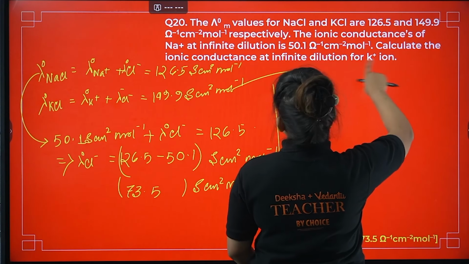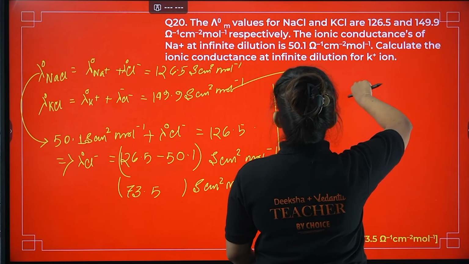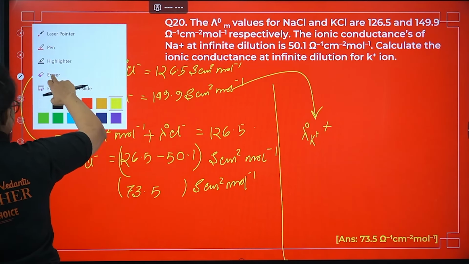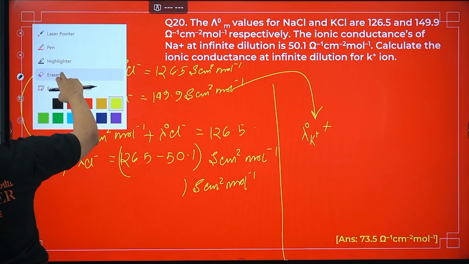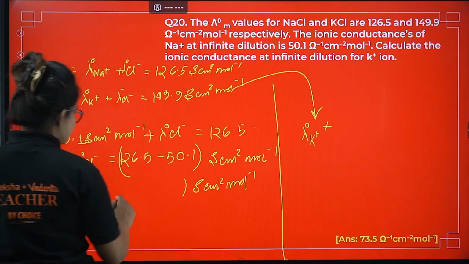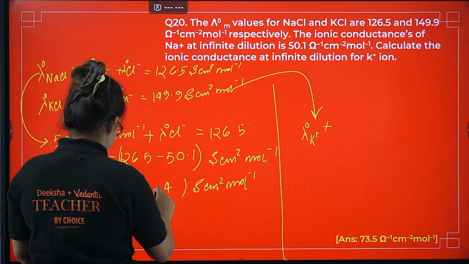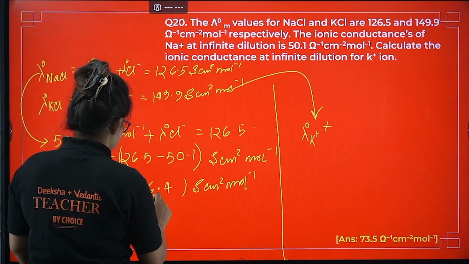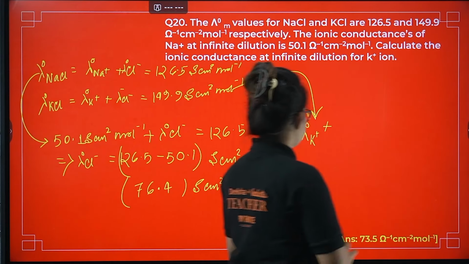Wait, first calculate the ionic infinite dilution for the K plus. Wait, this is not 73, this is the final answer. Just a minute. So if you calculate this, your answer should come to something like 76.4 Siemens centimeter square mole inverse.